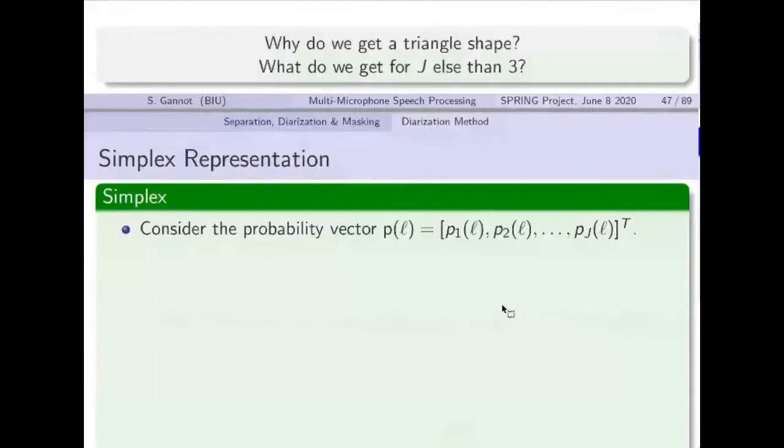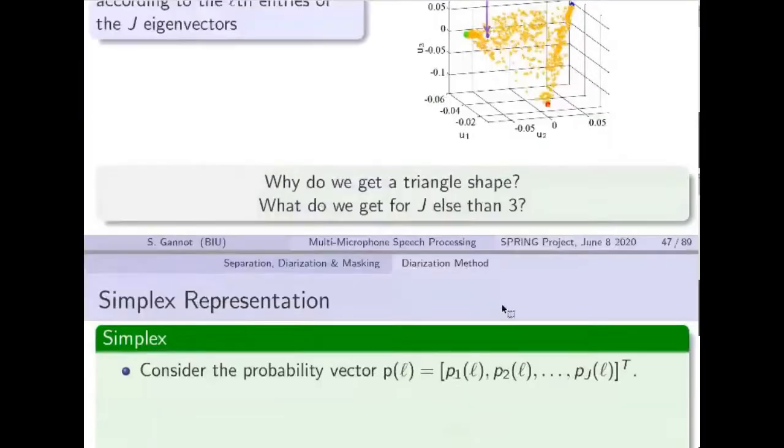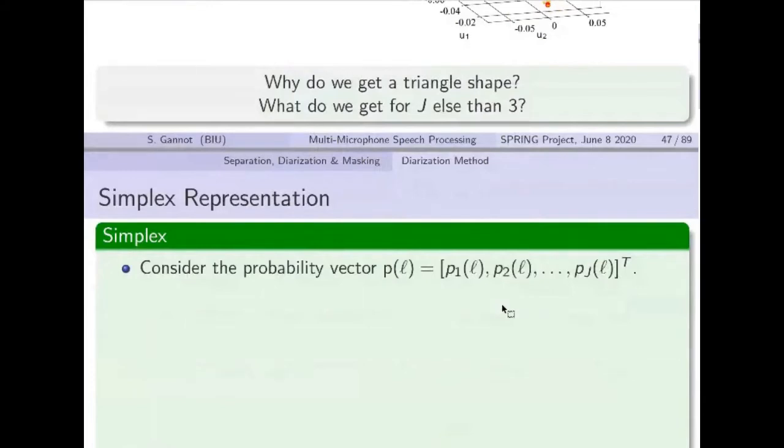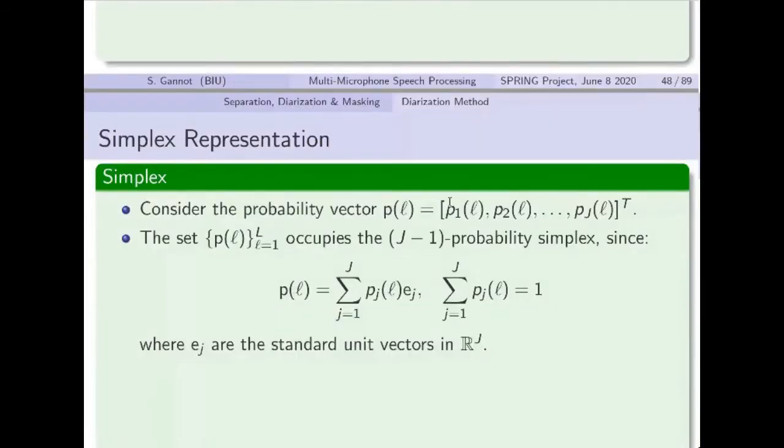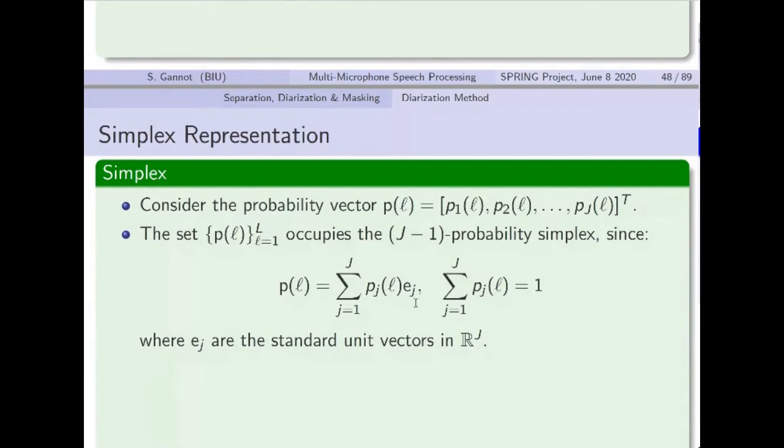So let's talk about why we have this simplex. It's all related to the fact that all probabilities should sum up to 1, as we discussed before. So each point L, the probability P1 until Pj, is actually a summation. Maybe it's easier to see here.